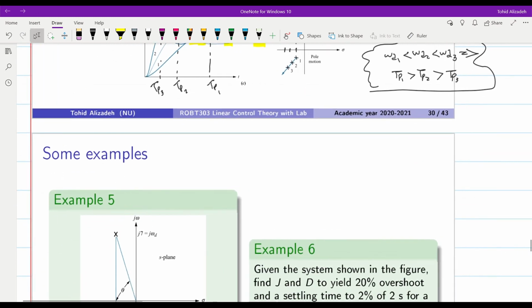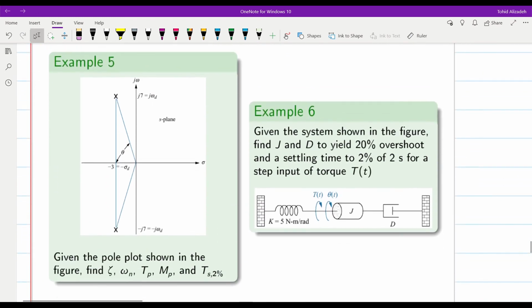Here we have two examples. For the first example, we have a system where the values for omega d and zeta omega n are given. So omega d is equal to 7 and zeta omega n is equal to 3.